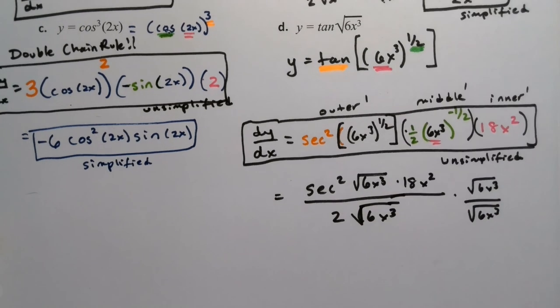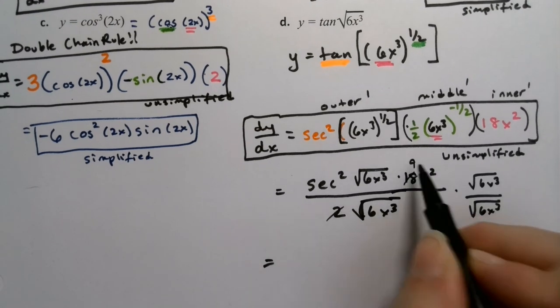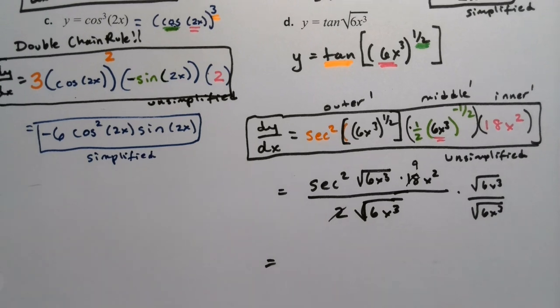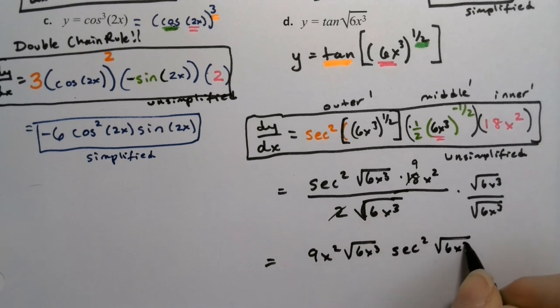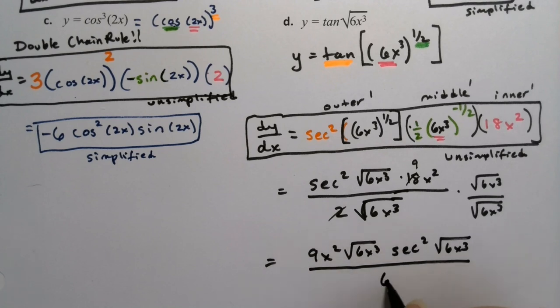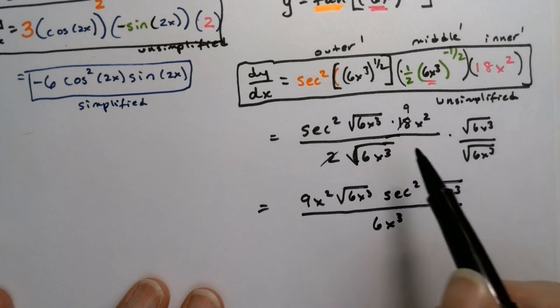So let's see, 2 goes into 18 9 times. So that would leave me 9x squared, square root of 6x cubed, secant squared of the square root of 6x cubed over 6x cubed, which technically isn't simplified because the 9x squared and the 6x cubed reduce.